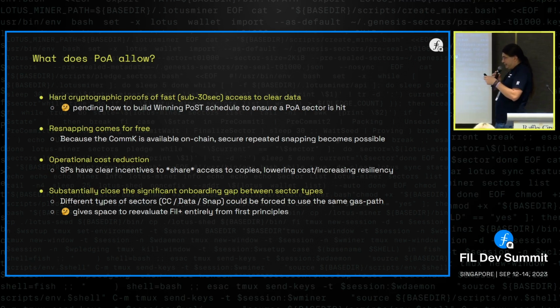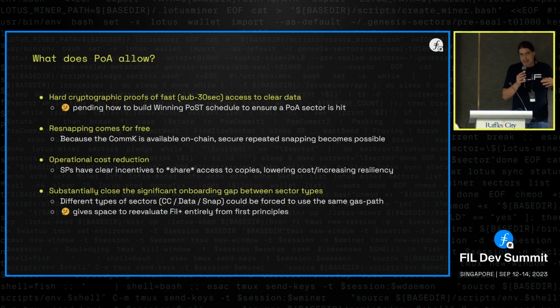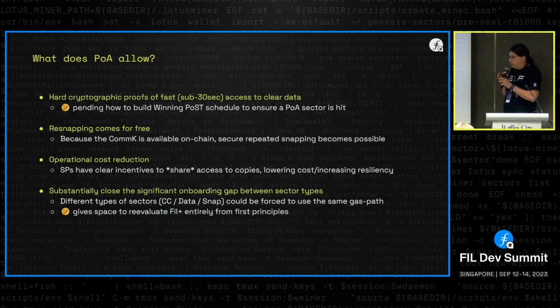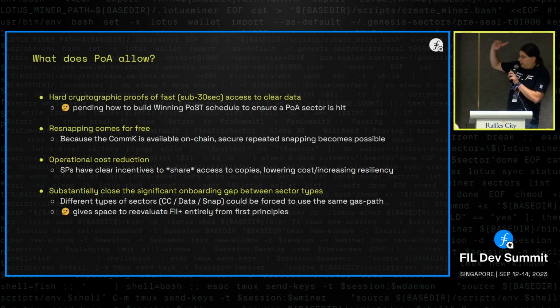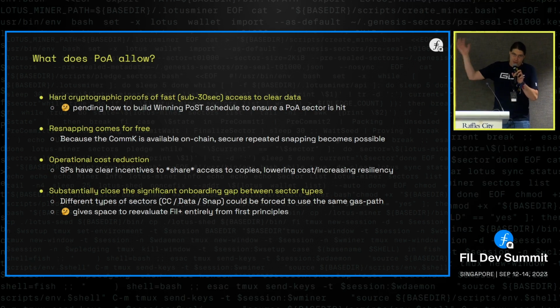If we implement this in any variation of that, no matter how we do it, resnapping comes for free as a result of that. Because today resnapping is very difficult to do for security reasons, but because now we record the sector key, COM-K, on chain, and the sector key is always available, we can just keep resnapping over old data without needing any access to it.